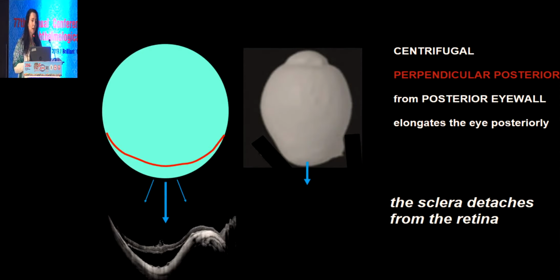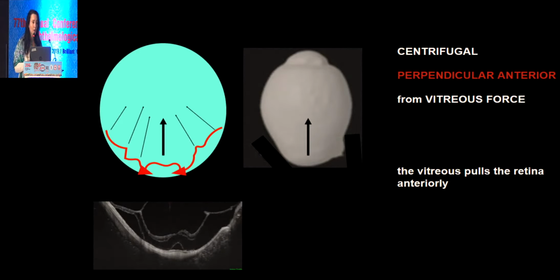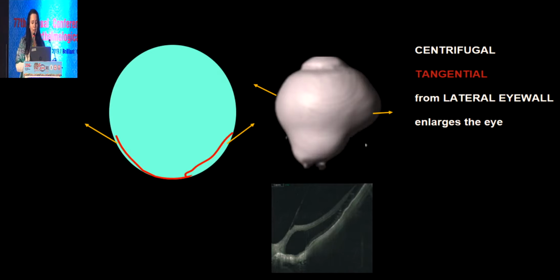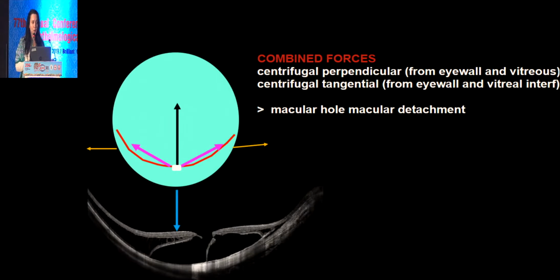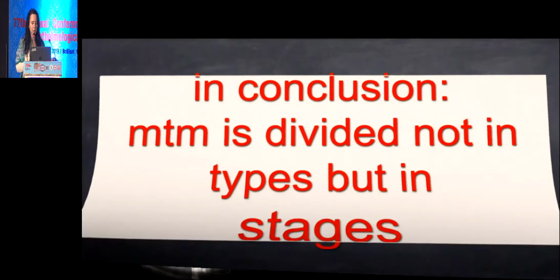So a centrifugal posterior that detached the sclera from the retina, or the vitreous might pull the retina anteriorly, or the wall can pull tangentially, or the interface that pull tangentially but on the fovea. The forces can be combined, as in this case of retinal detachment with full thickness macular hole.